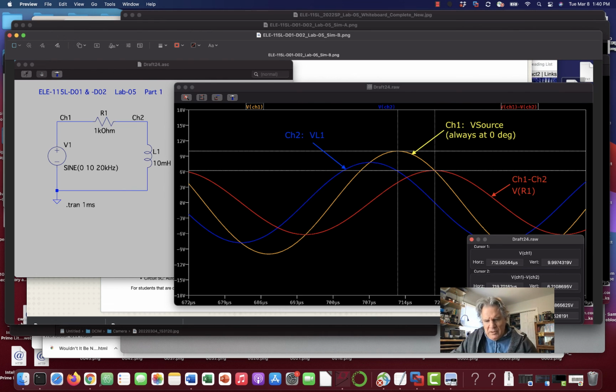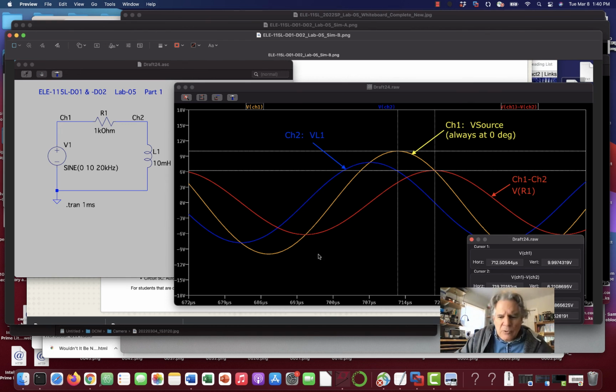I got 7.2 microseconds out of 50 microseconds, and I now have that fraction of a cycle. So now I multiply that times 360. I multiply that by 360 degrees, and I get 51.84 degrees.